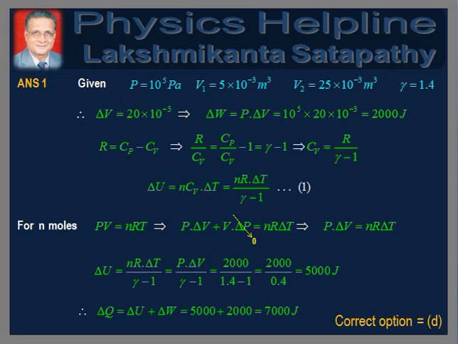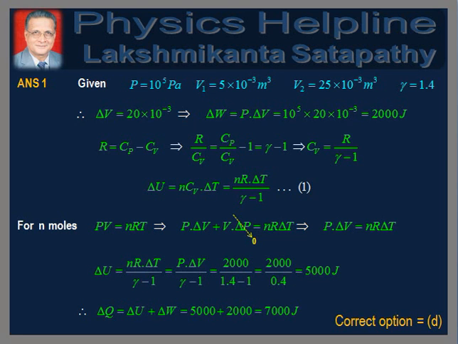minus Cv. Dividing throughout by Cv, we get R by Cv is equal to Cp by Cv minus 1, which is equal to gamma minus 1. This implies Cv is equal to R divided by gamma minus 1.